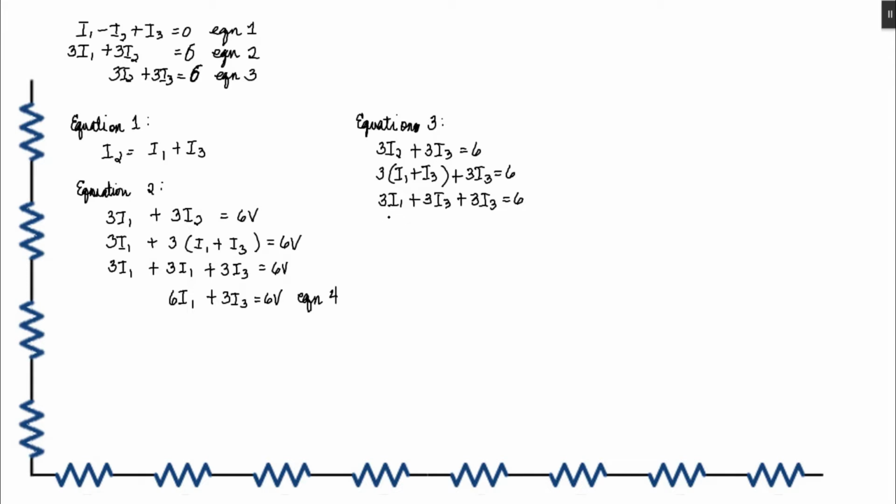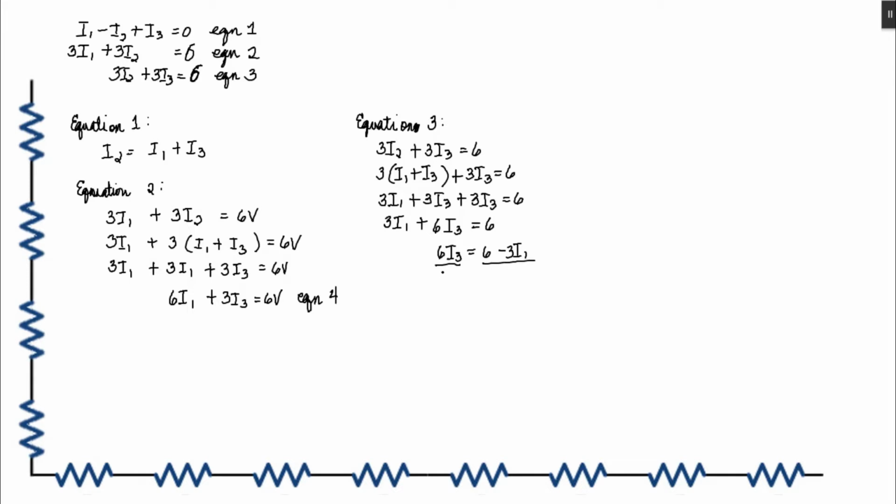Combining like terms po tayo, ano po yung mangyayari? So, 3 times I sub 1 plus 3 plus 3, so it will become 6 times I sub 3 equals 6. So, 6 times I sub 3 equals 6, then transpose po natin yung isang term na naiwan sa left-hand side of our equation from positive magiging negative 3 I sub 1.